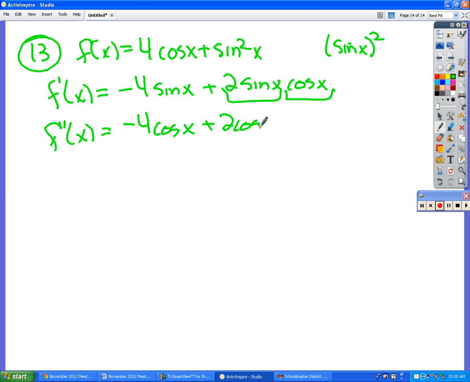So the derivative of the first one is 2 cosine, times the second one, which is this cosine, plus the first one, which is 2 sine, times the derivative of the second one, which is negative sine. And you could leave it like that, or you could rewrite it as cosine squared and sine squared. You can factor out a 2. So we're good there.